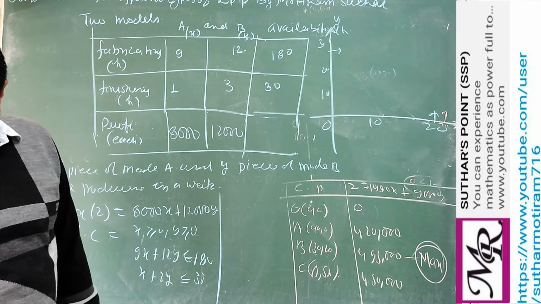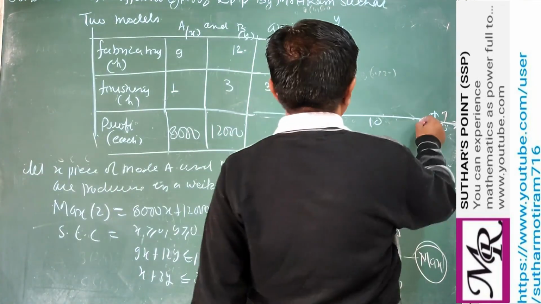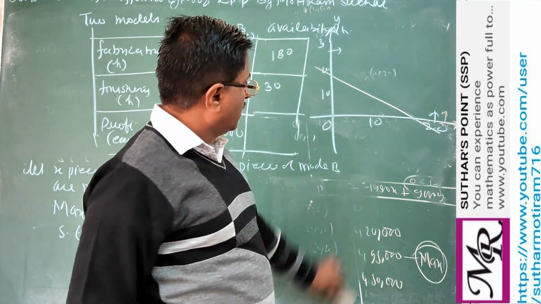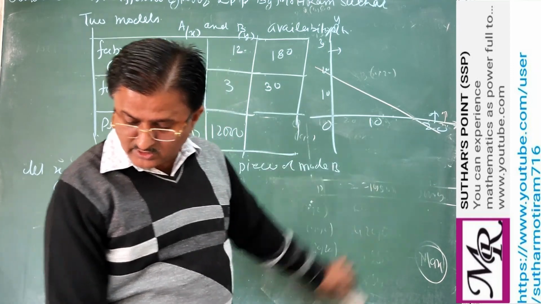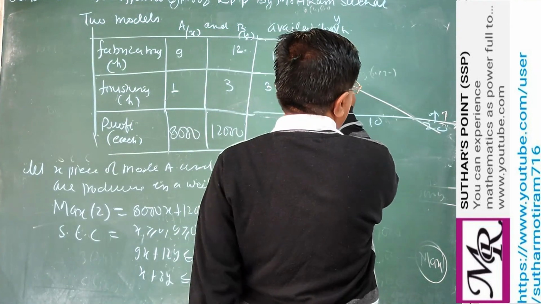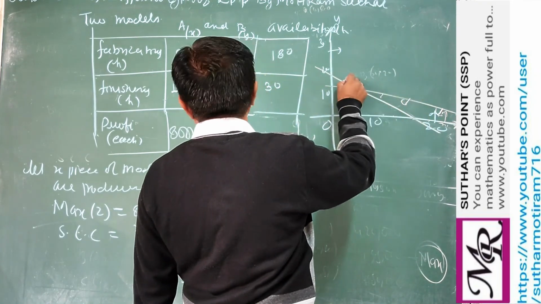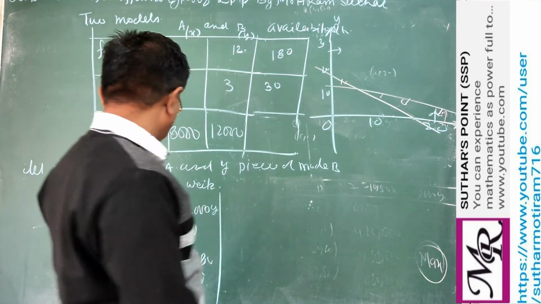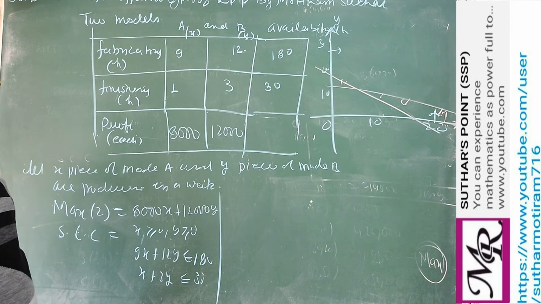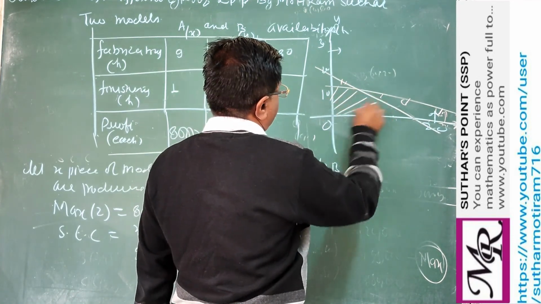For the first line, the points are 20 and 15, and the second line passes through 30 and 10. Both have a less-than sign, so the solution will be toward the origin. This is the shaded region.